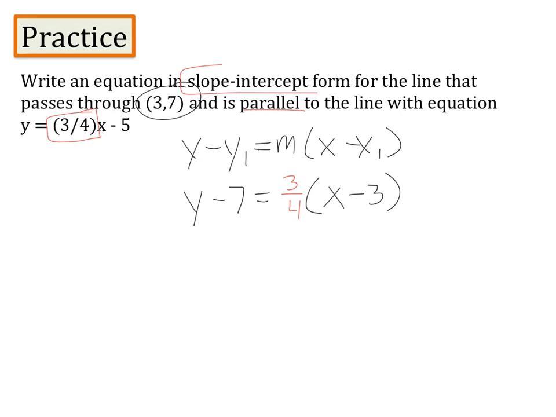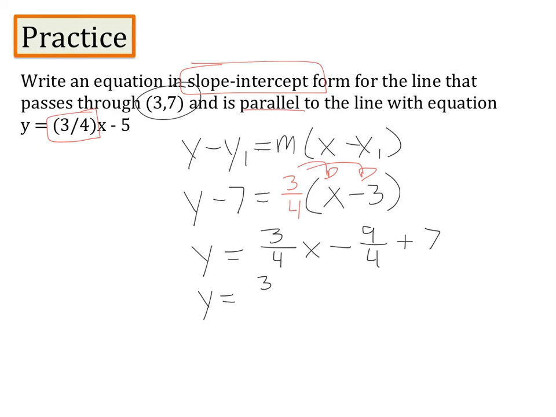Now, since we want this in slope-intercept form, we can distribute this 3/4 and isolate y. So we'll turn this into y equals 3/4 x minus 9 over 4, and then we'll add the 7 from the other side. Now I'll change my 7 to be something with a denominator 4.